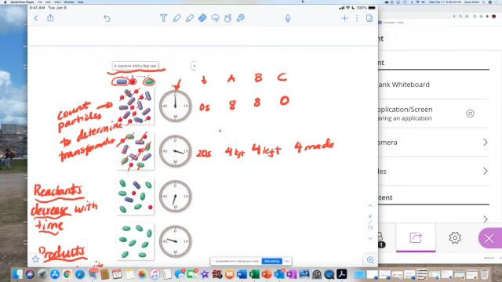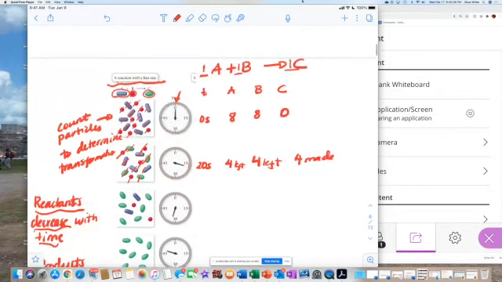Okay, let me remove these words from here because I feel like they're kind of crowding the space. Okay, so we're going to talk about stoichiometry because it's simple. We have a 1-to-1 stoichiometry. What that means is, since the coefficient in our balanced equation is 1 to 1 to 1, okay?